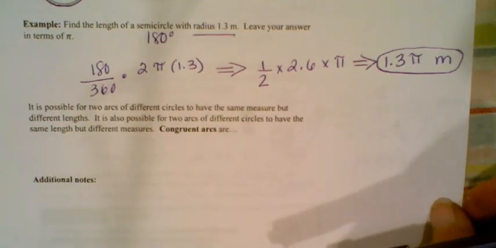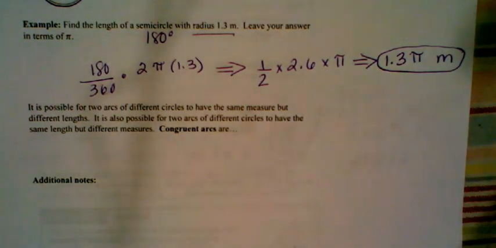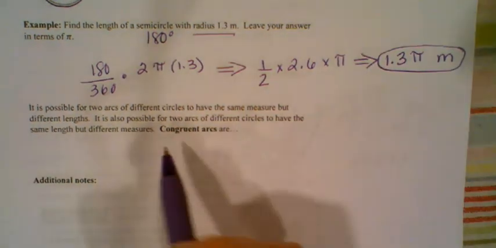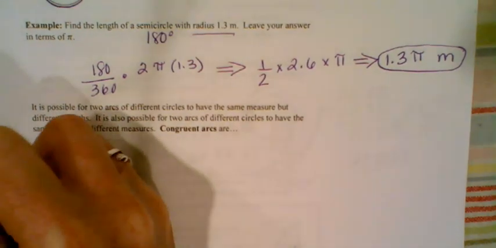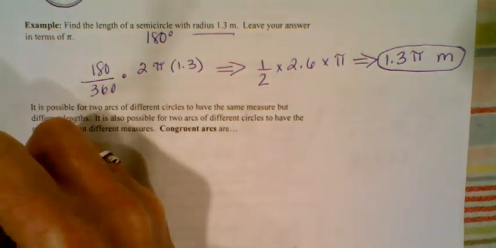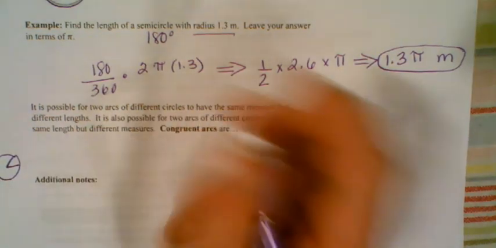Last but not least, is it possible for two arcs of different circles to have the same measure but different lengths? Yes, because you could have, for example, let's just say that's a 45-degree angle.